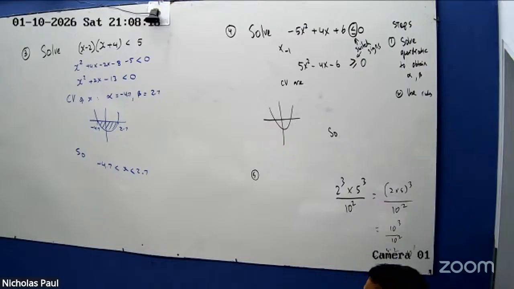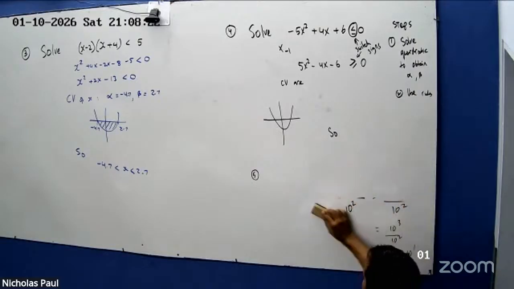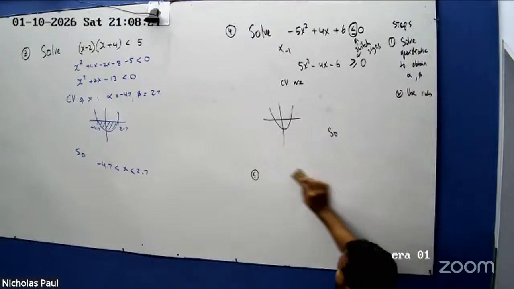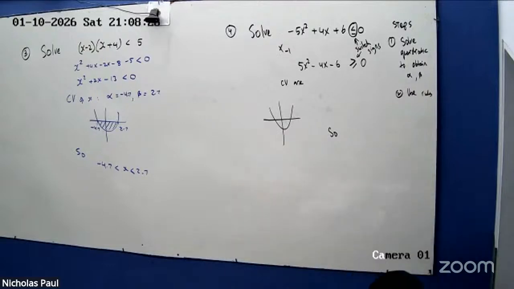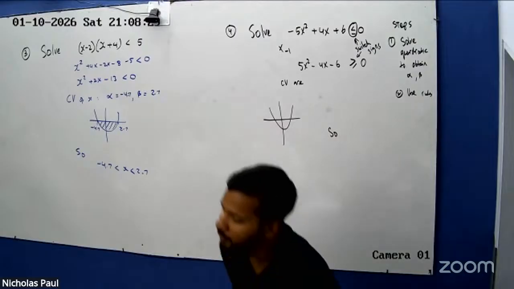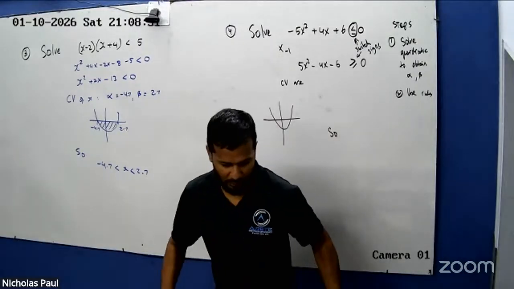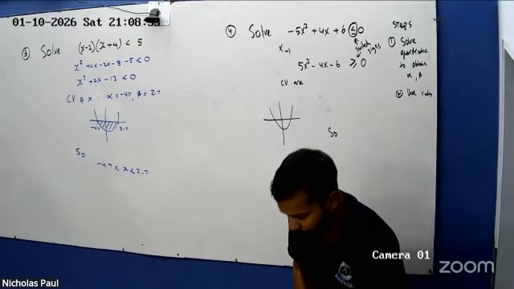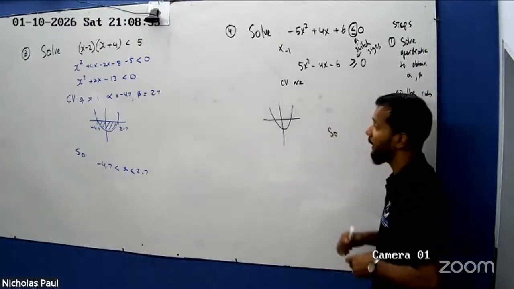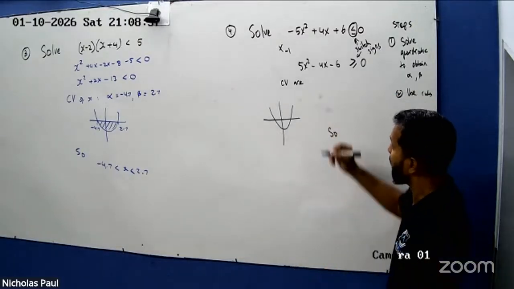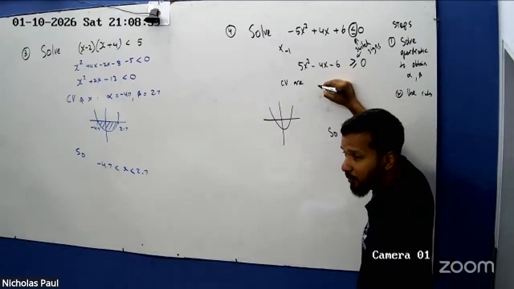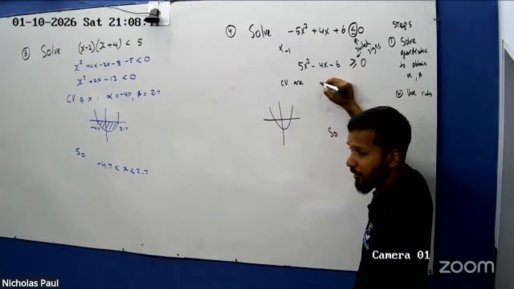All right, let's go back to where we were. The last one we did was here, so I'll fix the error. What were your critical values here?